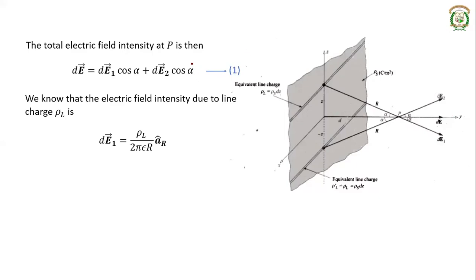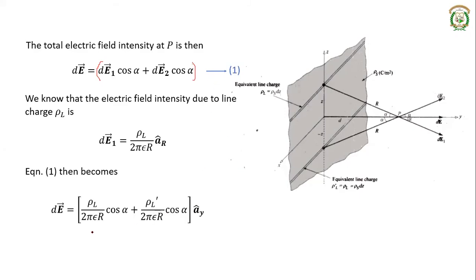Now the direction of the resultant electric field intensity: dE will be in the ay direction, because in rectangular coordinates this sheet is perpendicular to the y axis, that's why y will be the direction of the electric field intensity. So you can write equation 1 as this one.